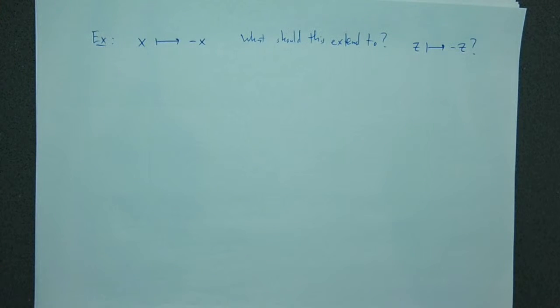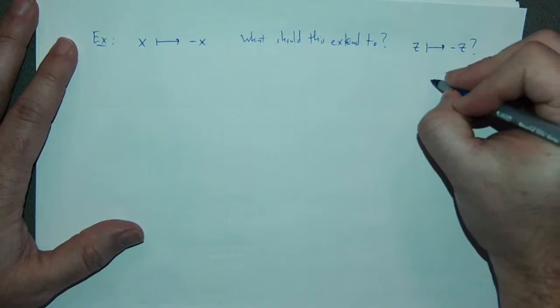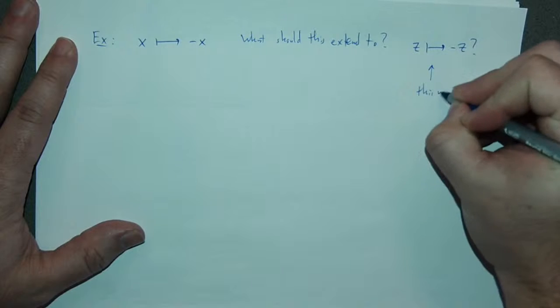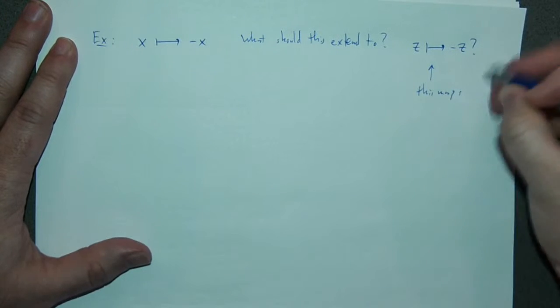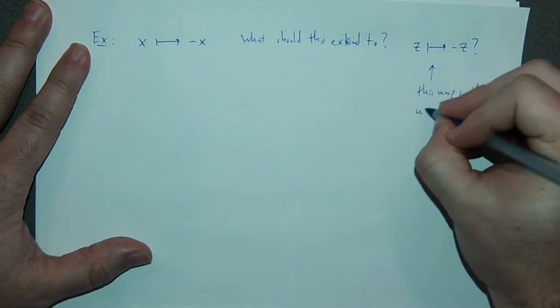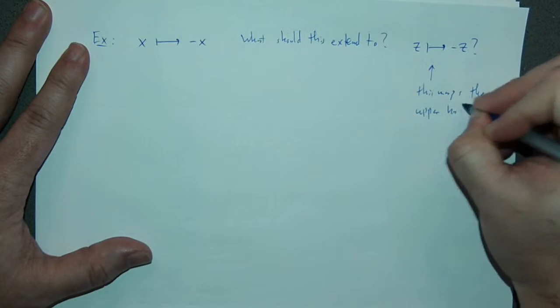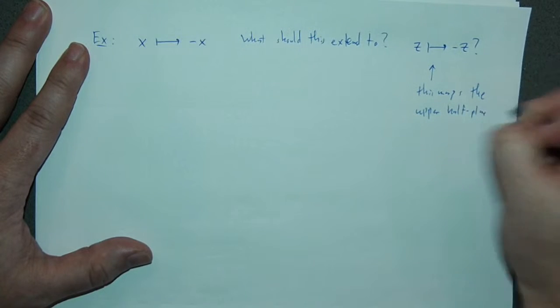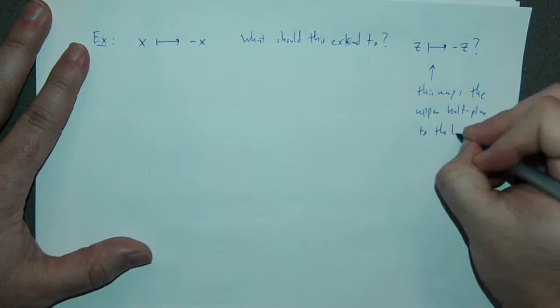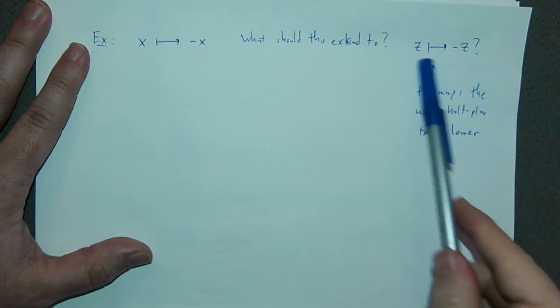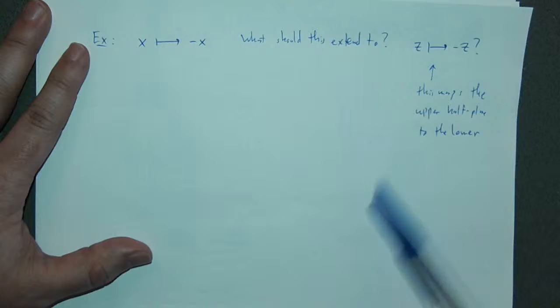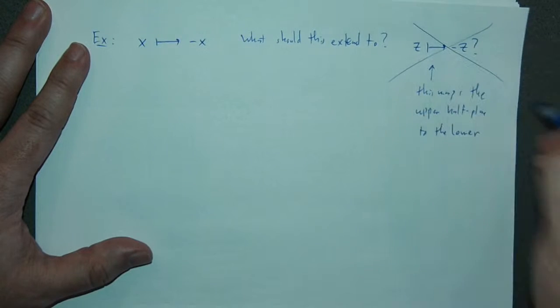Let you think about that for like 5 seconds. Well, this maps the upper half plane to the lower. z getting sent to minus z takes upper to lower, so that's no good.